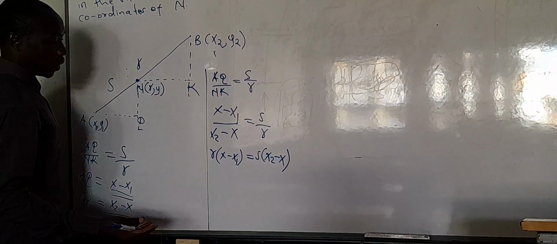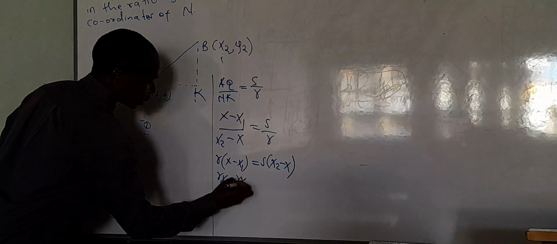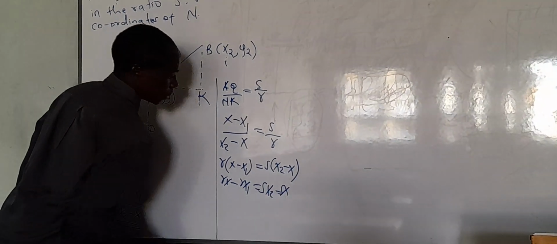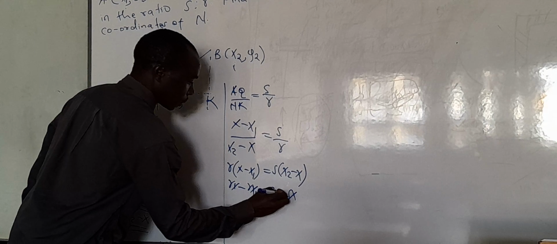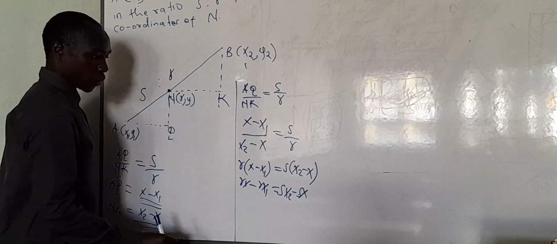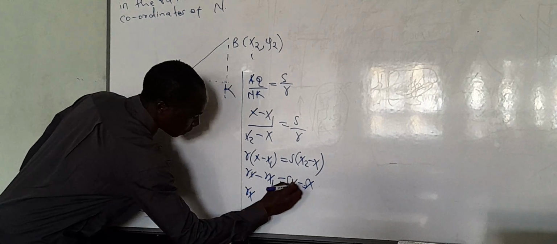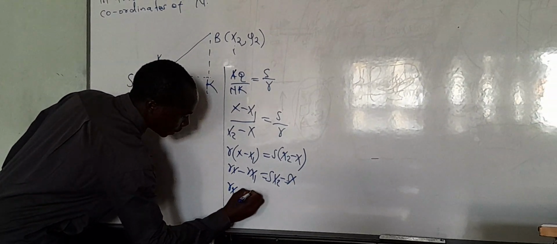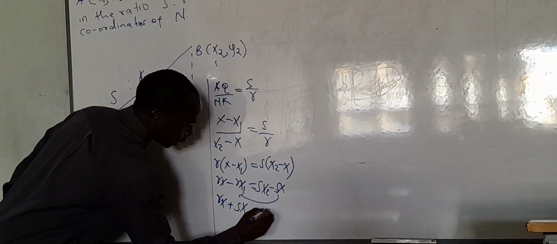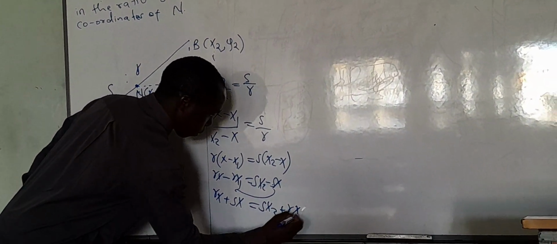Opening the brackets, you have Rx minus Rx1 is equal to Sx2 minus Sx. Rx and Sx, you see x is common, so you bring them together. Sx moves to the other side as plus Sx, and Rx1 moves as plus Rx1. So we have Rx plus Sx equal to Sx2 plus Rx1.